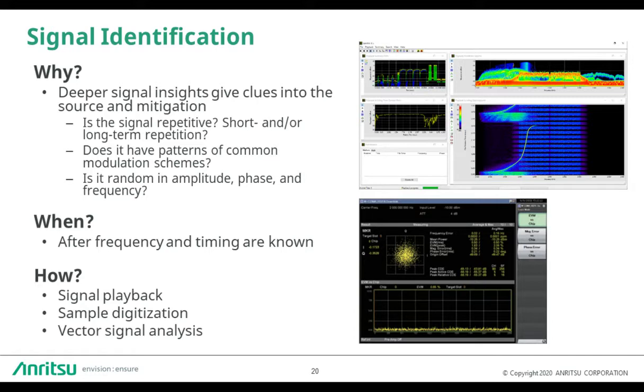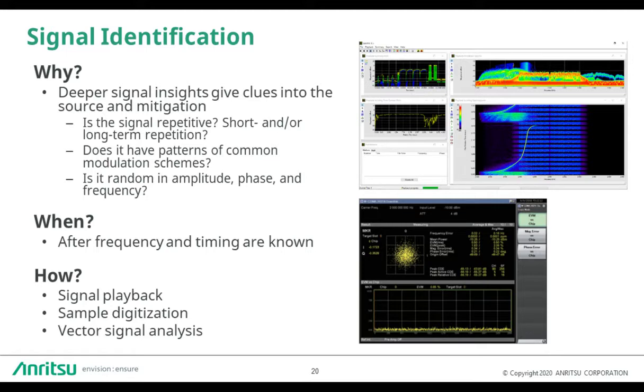If you're doing analysis on a signal, you can look for things like patterns. Is the signal repetitive? Are those repetitions long-term or short-term? Does it have common modulation scheme patterns when you look at things like the constellation? Is it random in amplitude and phase and frequency?